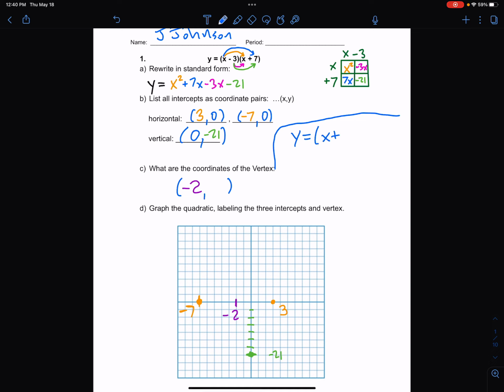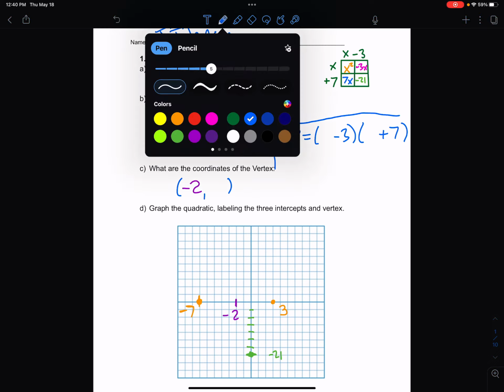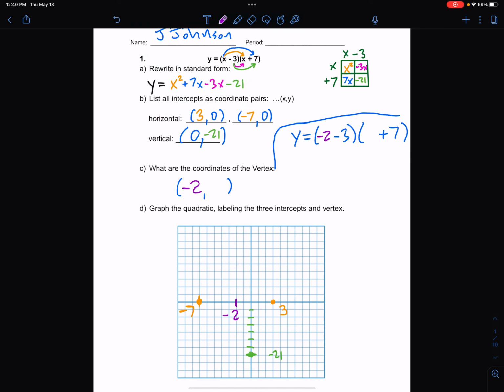I'm going to take my formula, y equals x minus 3 times x plus 7. And I'm going to swap out those x's for -2. Let's trade these x's for -2, because that's right in the middle of my 2 horizontal intercepts.